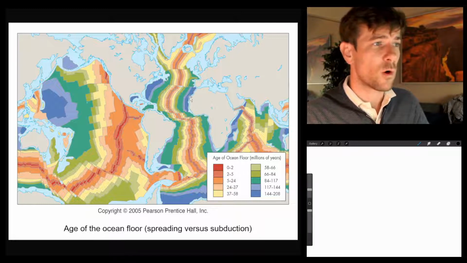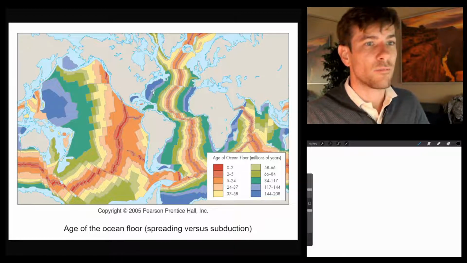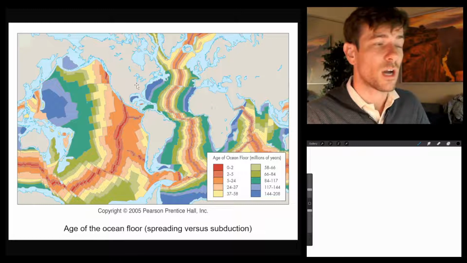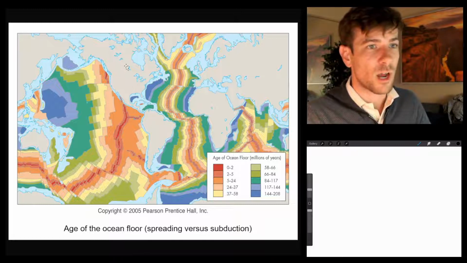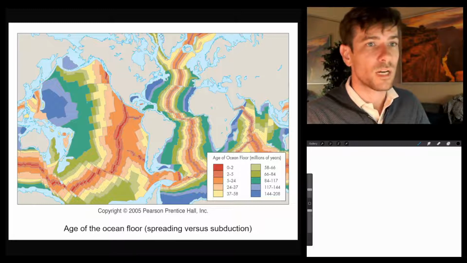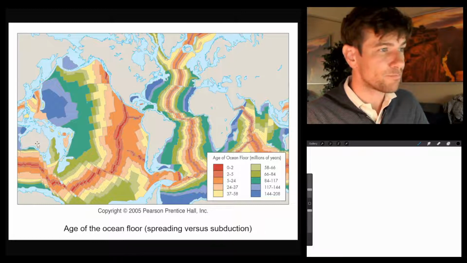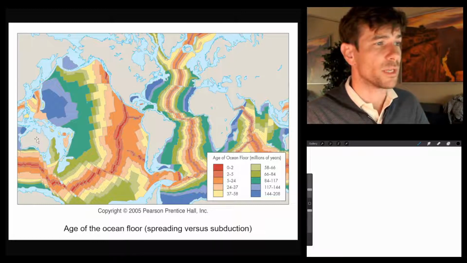But don't quote me on that, but 200 or 225 million years is about as old as you're going to find. That is in stark contrast to continental rocks, which some rocks up here in the Canadian Shield are well over 2 billion years old. Some rocks up here in Greenland are over 3 billion years old. Many rocks down here in Australia are well into the billions of years old.